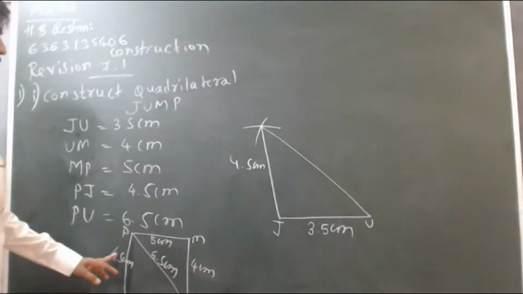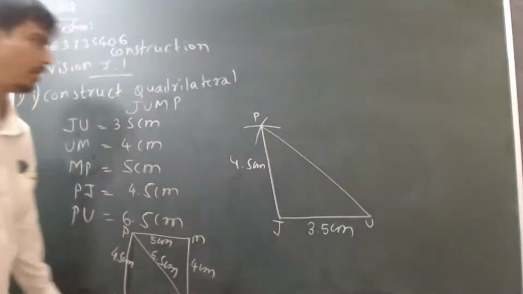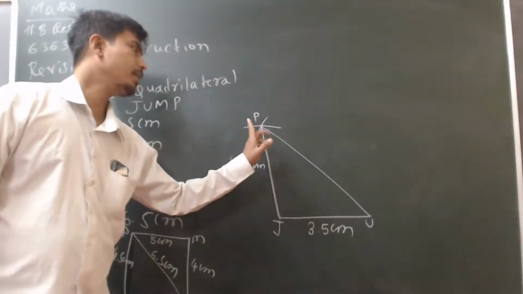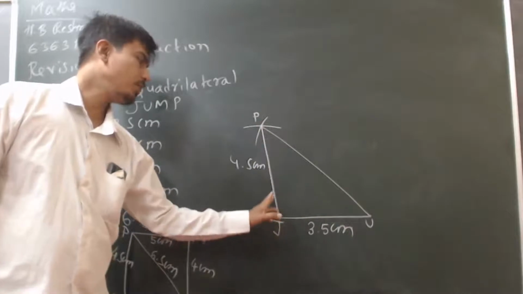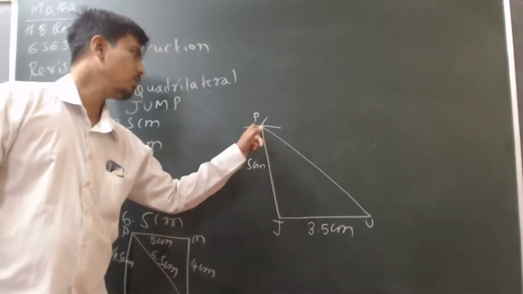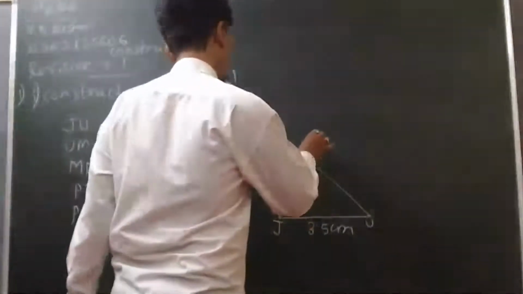When the two arcs meet each other, we get a point. What is that point name? P. One arc from J, another arc from U. They will meet at a point. That point should be joined with line segments to J and U. And these are the line segments PJ 4.5 and PU, that is 6.5.